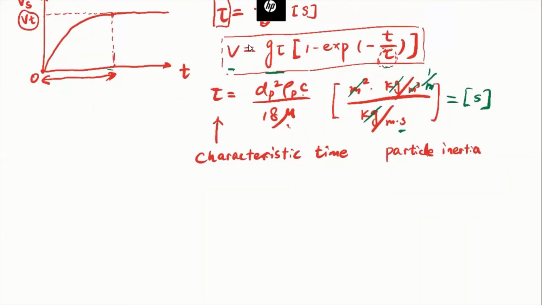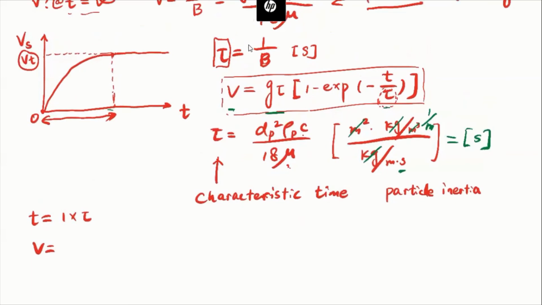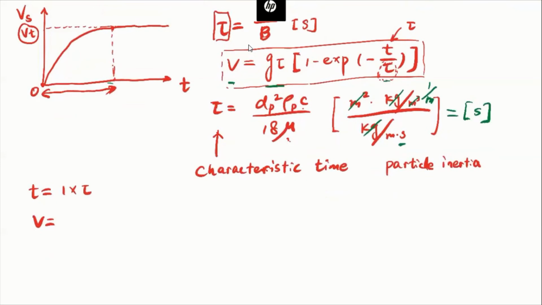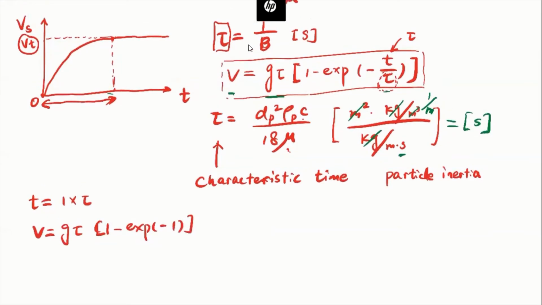Okay, so we can quickly plug in a few values. So let's say when time is equal to 1 tau, 1 multiplied by tau. We can basically plug in the time here, equal to tau here, right? So we can find out that this is just g tau times 1 minus exponential of -1. Okay, time equal to 1 tau, you have -1 here, right? And this term is equal to 0.63 g tau.